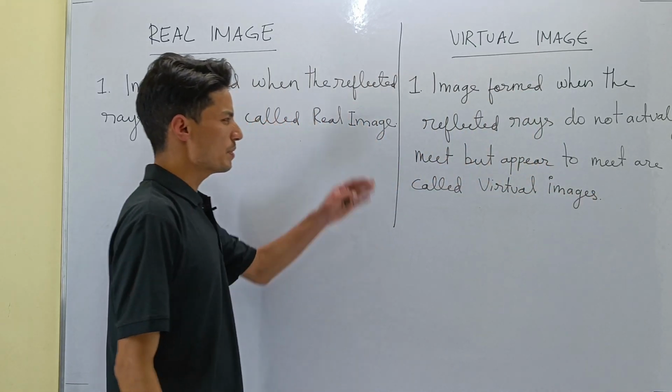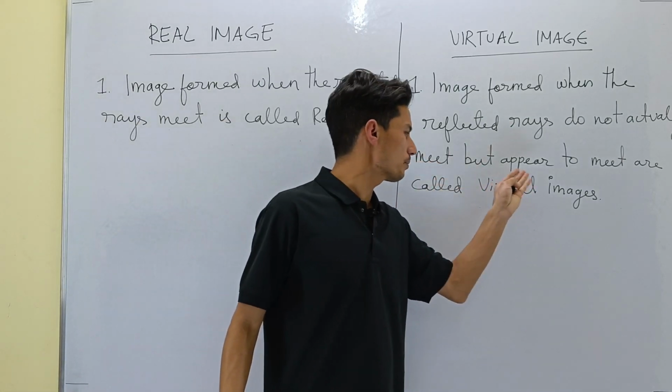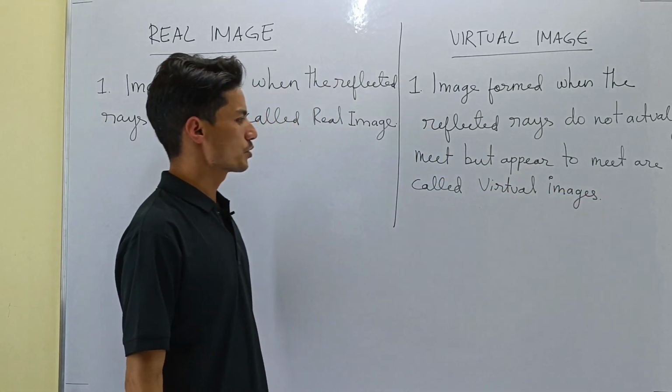Alright, so image formed when the reflected rays do not actually meet but appear to meet are called virtual images.